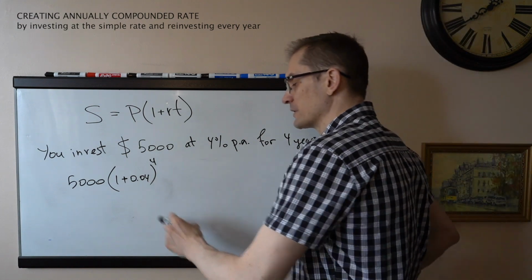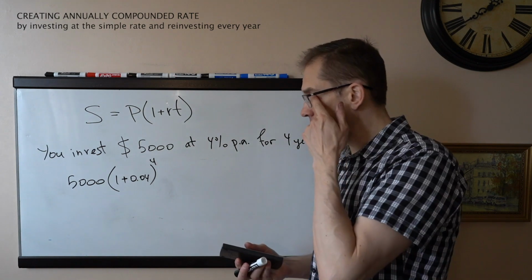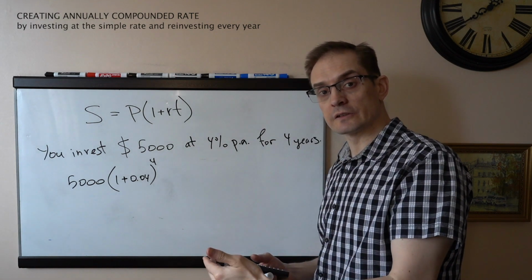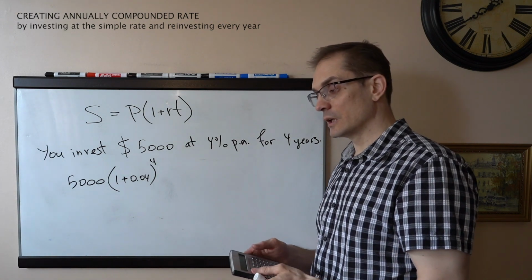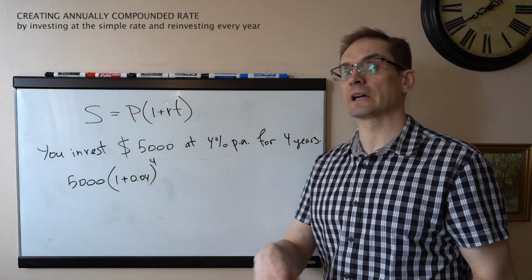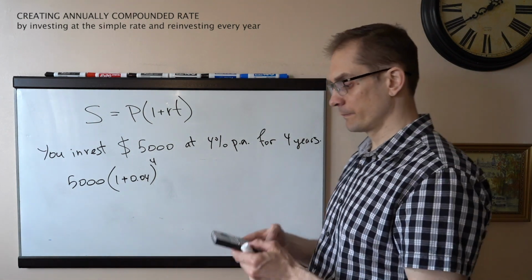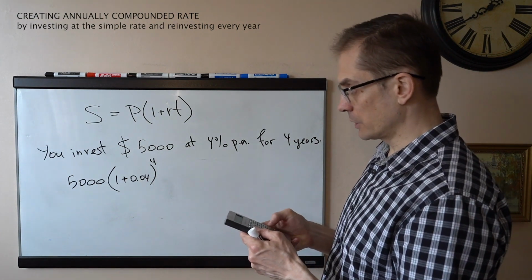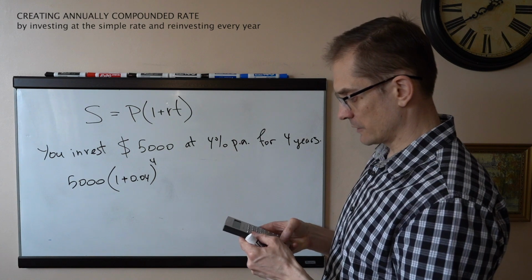But keep in mind in this process, when you reinvest the amount, you take advantage of the accumulated interest to get even more interest, right? Because after 1 year, you already will get some interest, and that interest can be put back into your investment to accumulate interest for another year. 1.04 exponent 4 times 5,000.